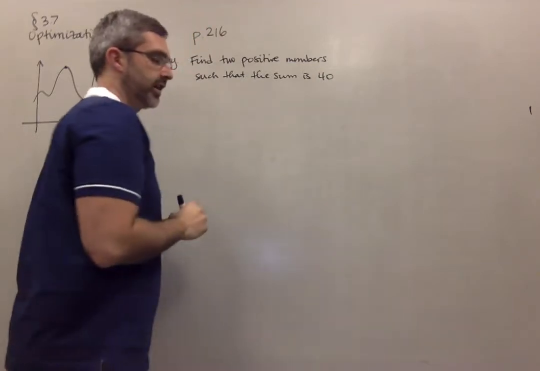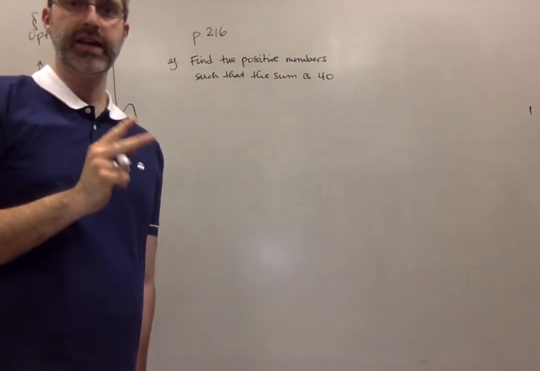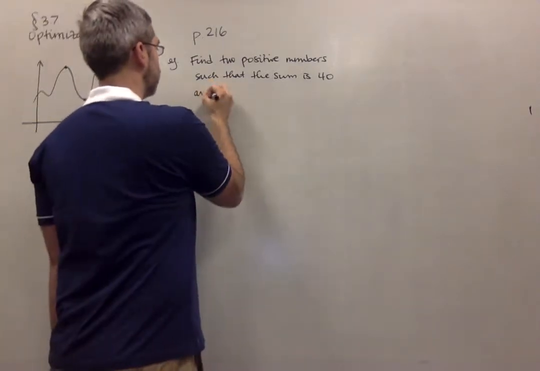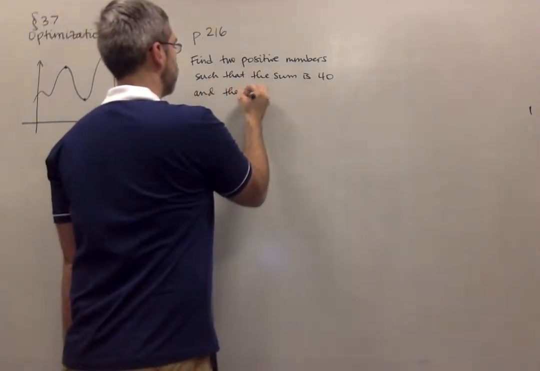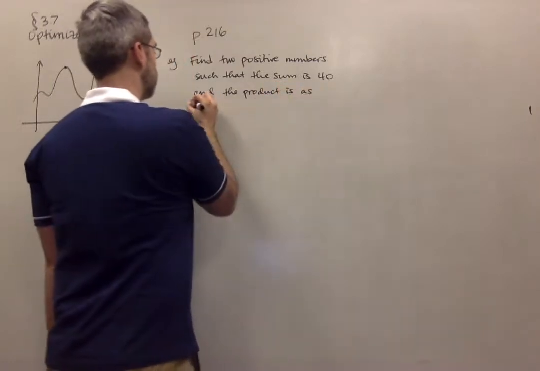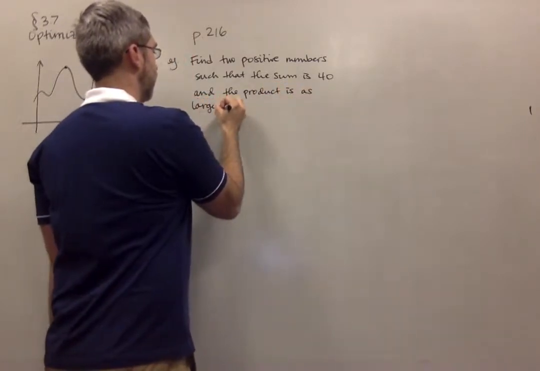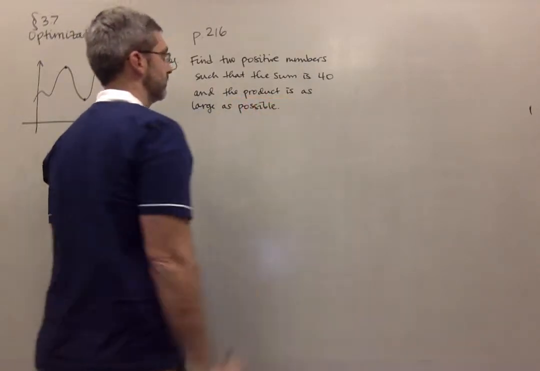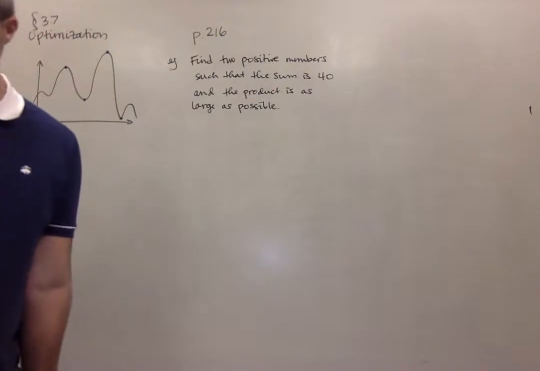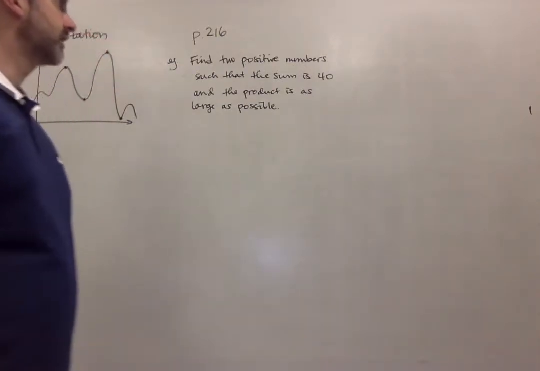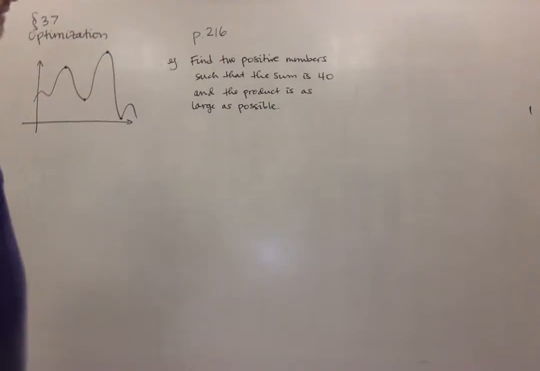This is where I'm modifying the problem. I want to find 2 positive numbers such that the sum is 40 and the product is as large as possible. Okay? So I want the sum to be 40 and the product to be as large as possible.